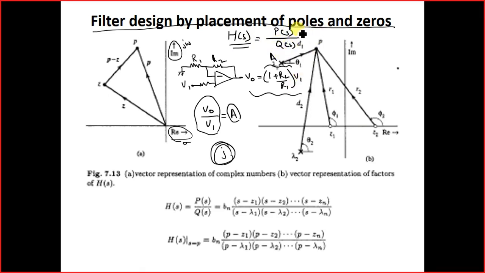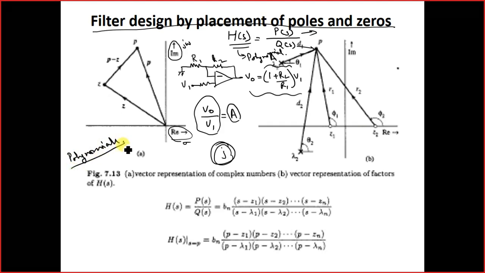And what are these? H of s is basically a polynomial. Okay. P of s is a polynomial, Q of s is also a polynomial. So we all know the polynomials have some roots.